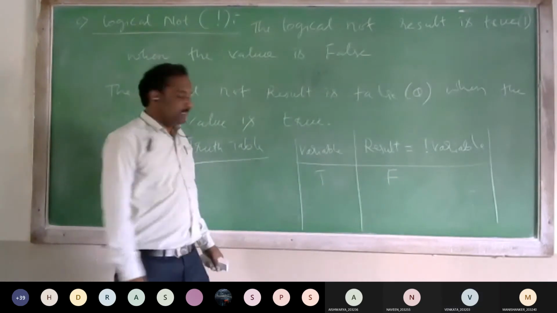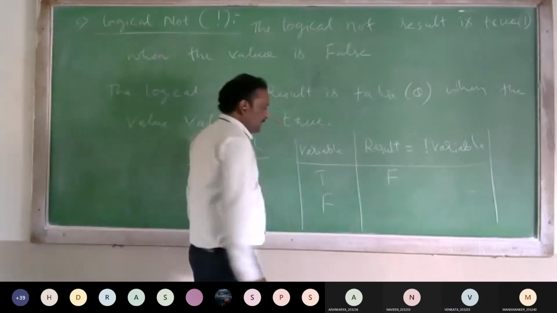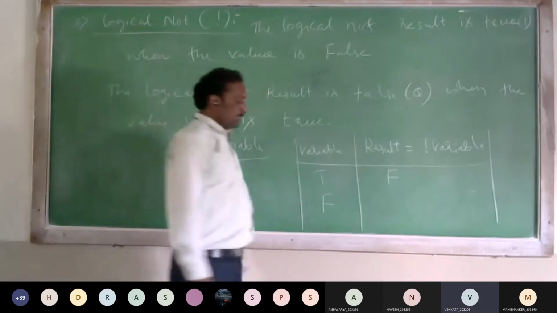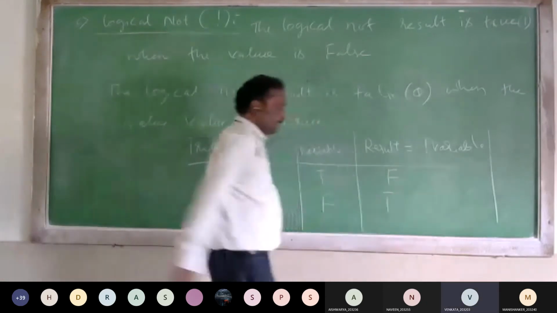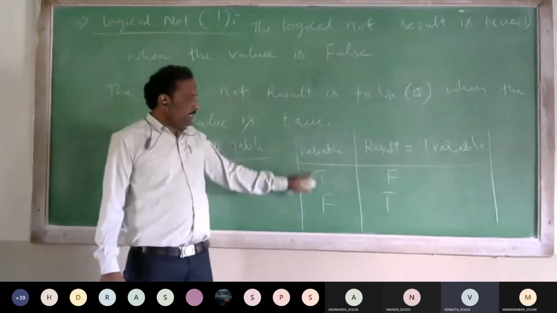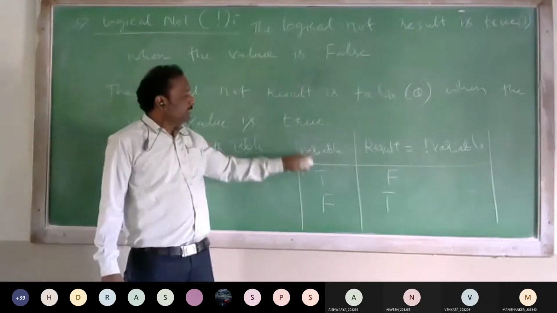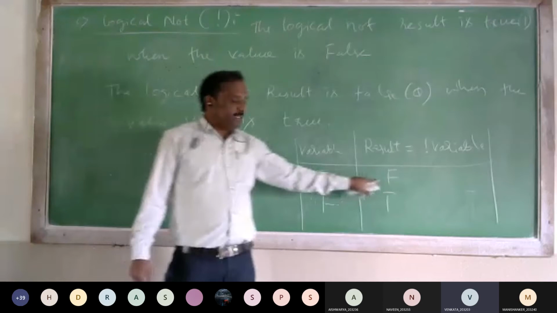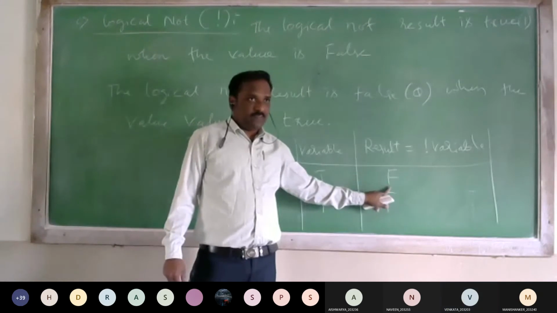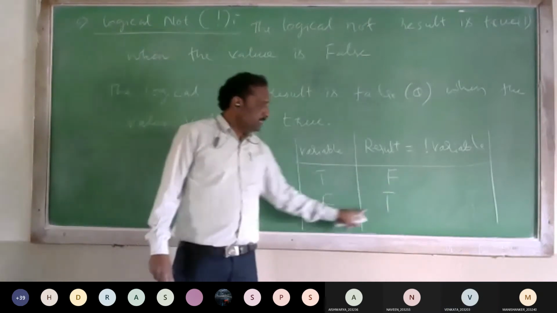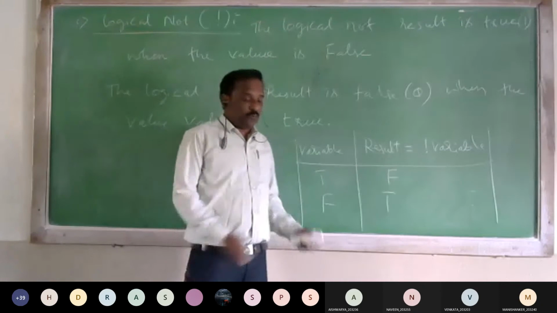If the variable is false, then the result will be true. Logical NOT will take only one variable. If the variable is true, the result will be the opposite of true, which is false. If the variable is false, the result will be true.